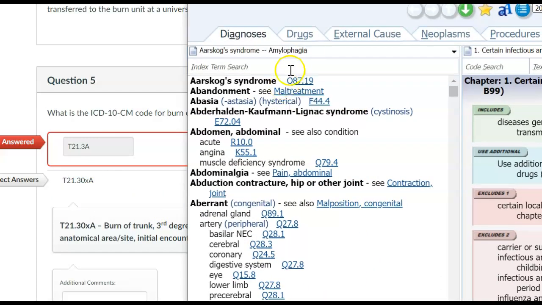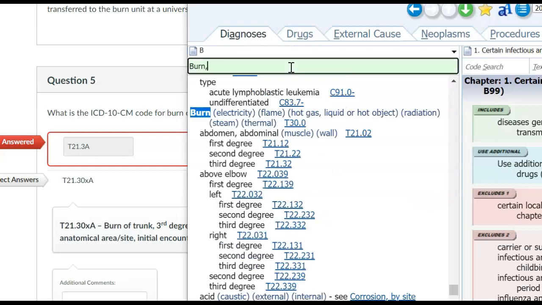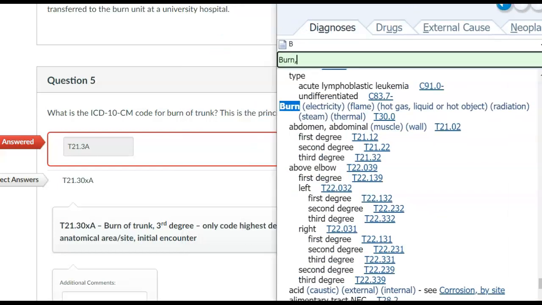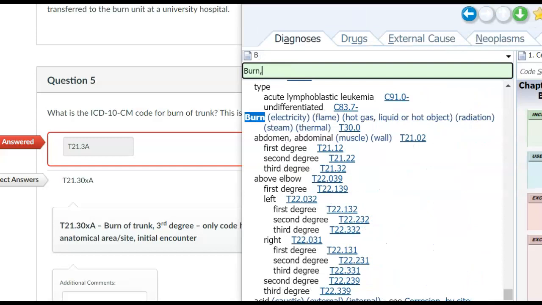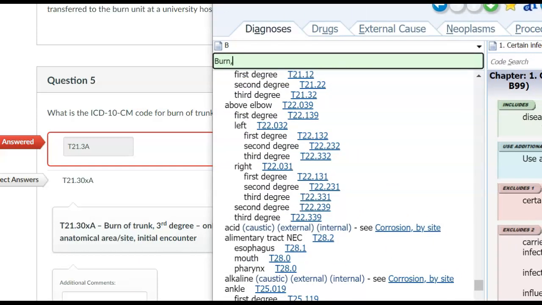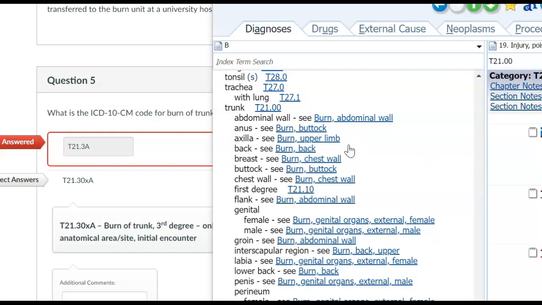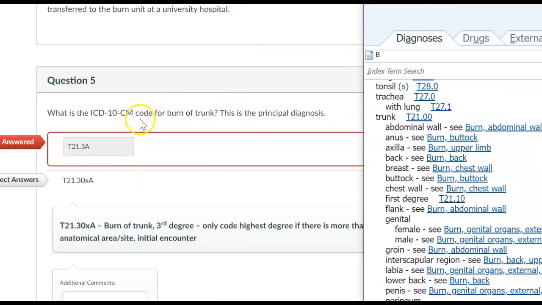Okay. So once again, I think it's just that you're not going far enough. Let's go ahead and look up burn in your book. Okay, so once we get to burn, we want to go to trunk. Once we are at trunk, we know that it is 3rd degree.